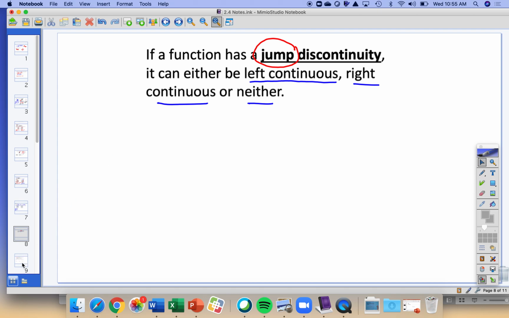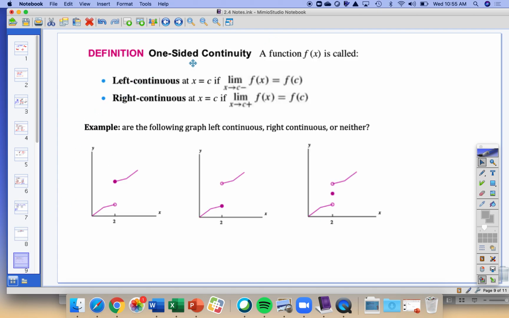I'll show you how that works. So looking at these three graphs, in order for it to be left continuous, that means that the left part of the function has to have the filled in dot. In order to be right continuous, the right part of the function has to have the filled in dots.